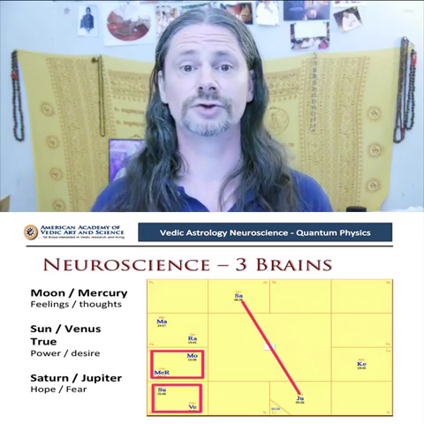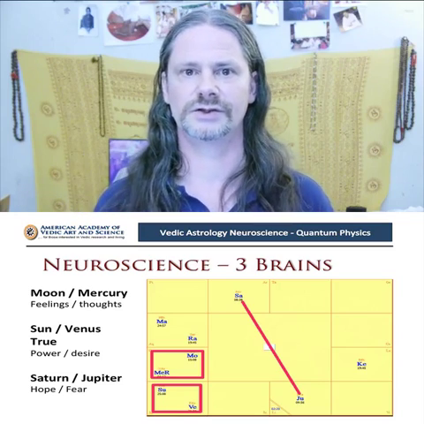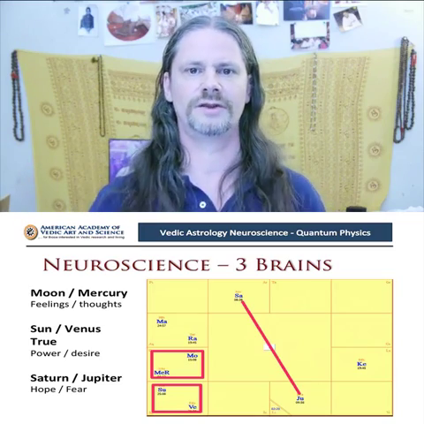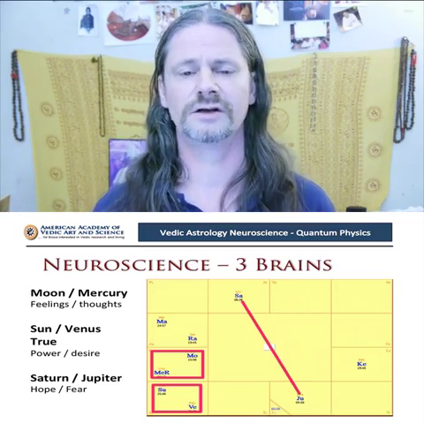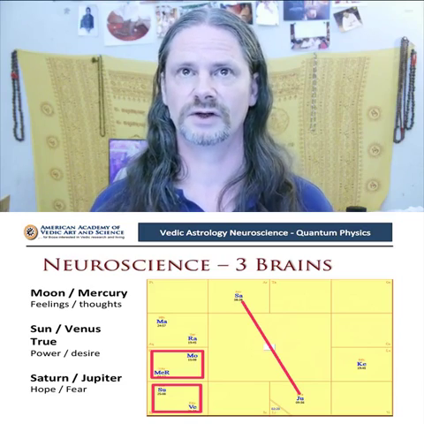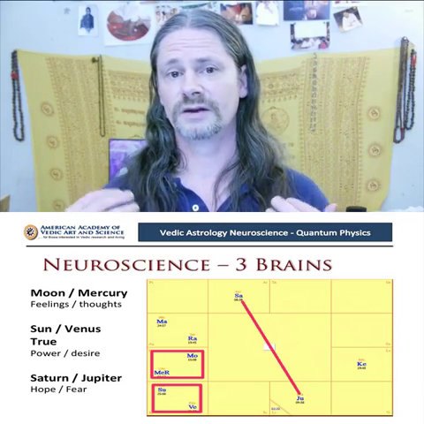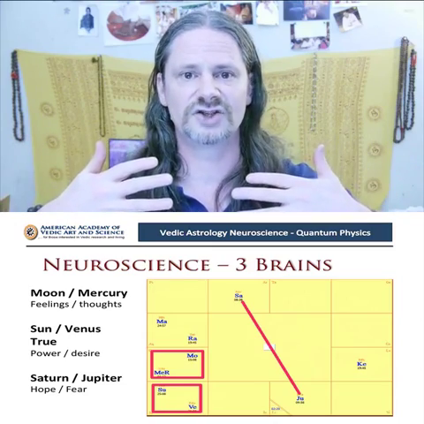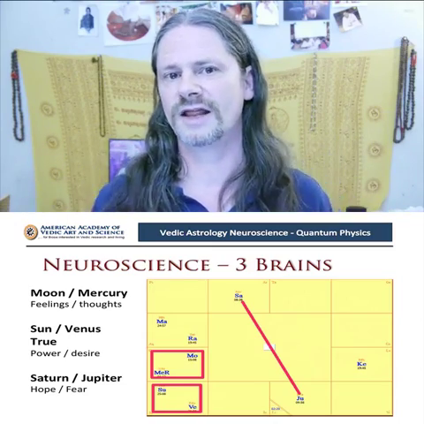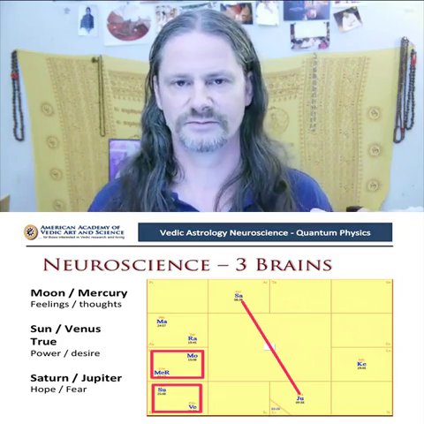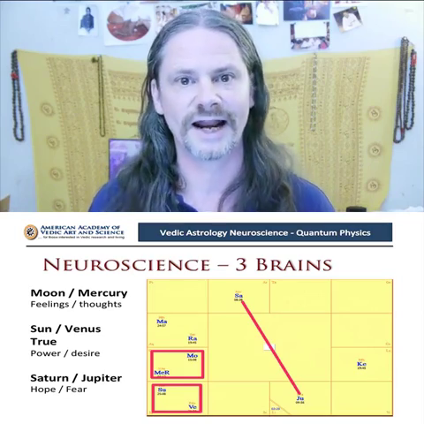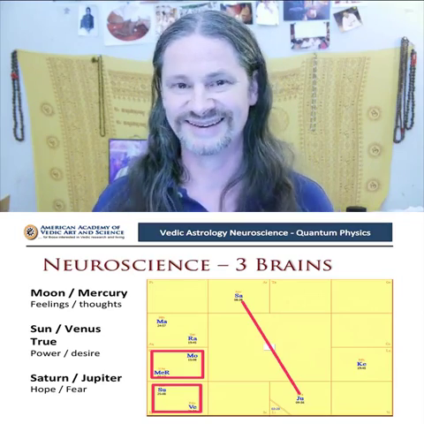But the Sun is the true power, and Venus is enjoyment and the attention we get from others and those kinds of things. The influence of Venus on the Sun can really have us sacrifice our power for wanting to receive attention and think that there's power in that. It's very common, of course. You're like, well, a lot of people have it. That's right. And how many people do that? A lot of people do it.